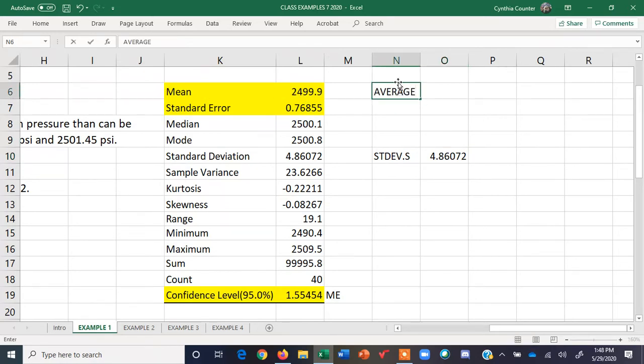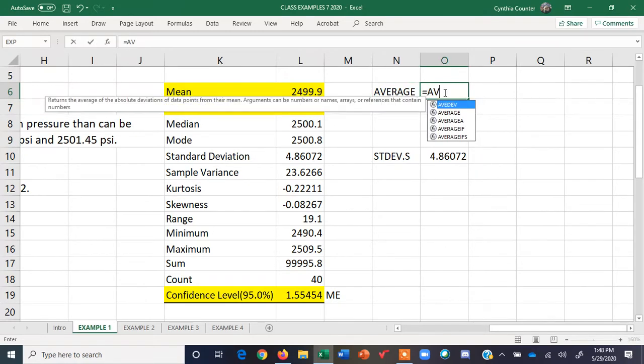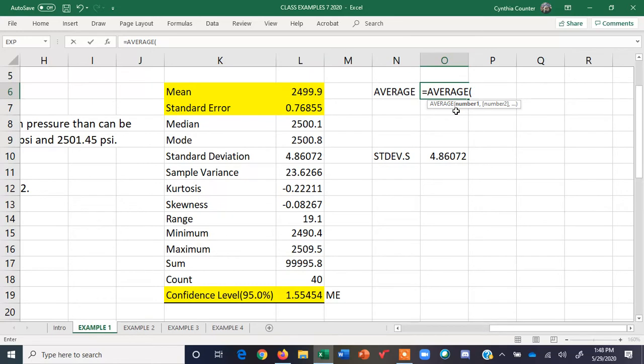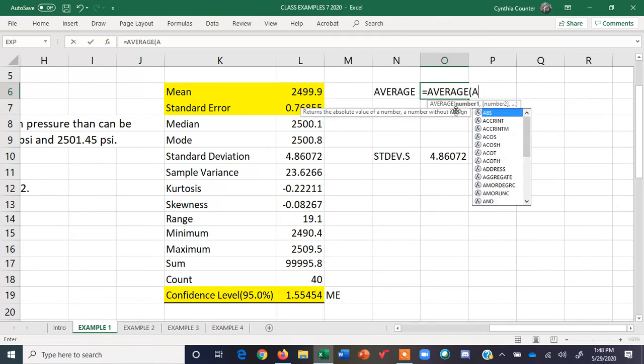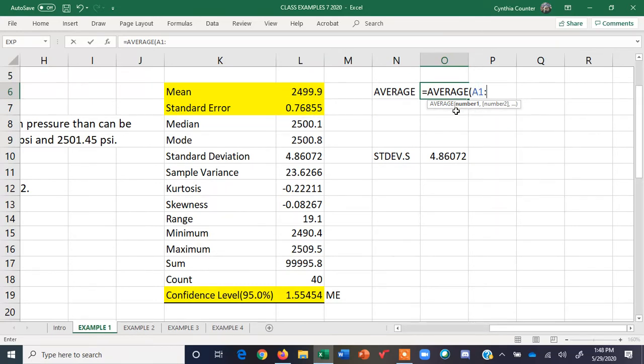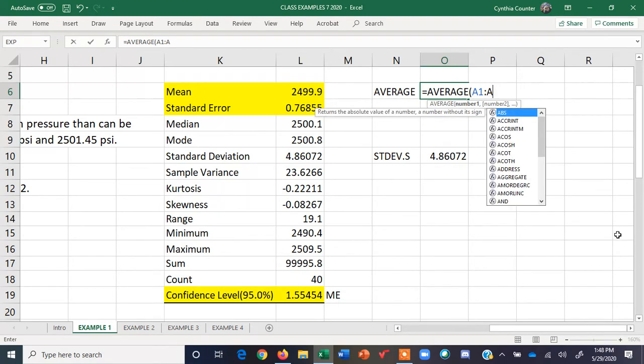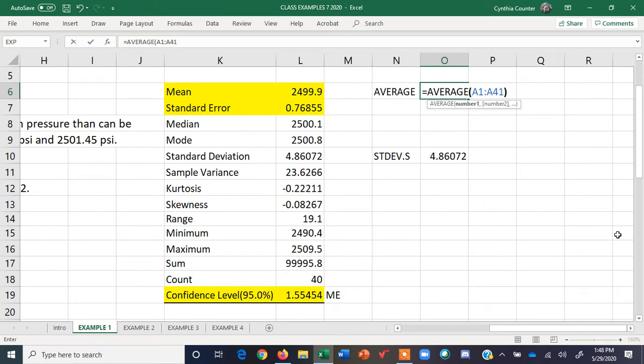And remember, the mean is found using the formula AVERAGE. So we would go equals AVERAGE, and I'm just going to type in here A1 colon A41. There's that 2499.9 that you could get if you did not have the data analysis tool.